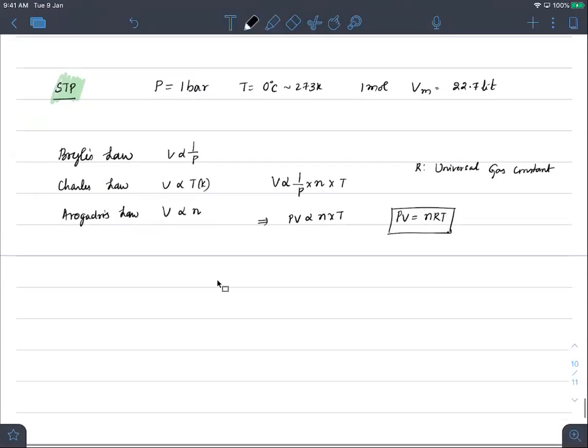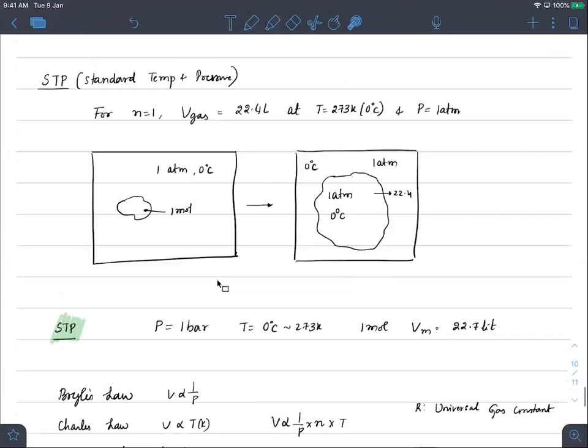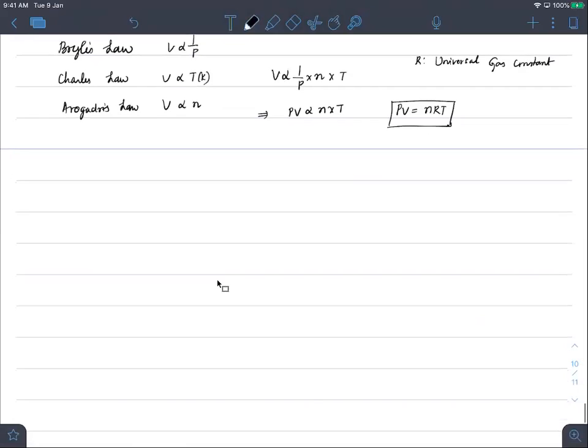We know the STP condition. Just now we have learned the STP condition from above. That is, if I take 1 atm, temperature, number of moles, volume, all the data of pressure, temperature, number of moles, volume, everything is known. So if I substitute that, I'll get the value of R. That is 1 atm into 22.4 liters divided by 1 mole multiplied by 273 kelvins.